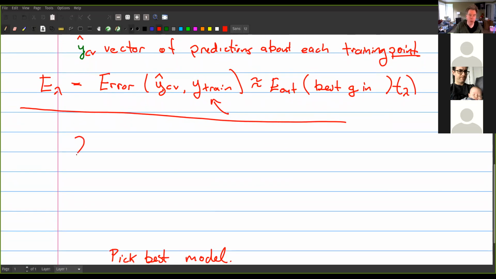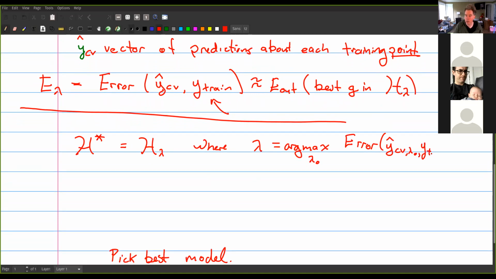The winning model is going to be H lambda, where lambda is the argmax over all lambda of the score from Y CV lambda, the one that's computed from lambda, and Y train.